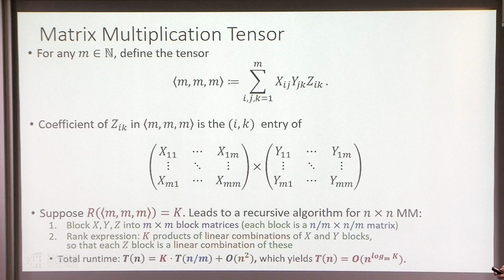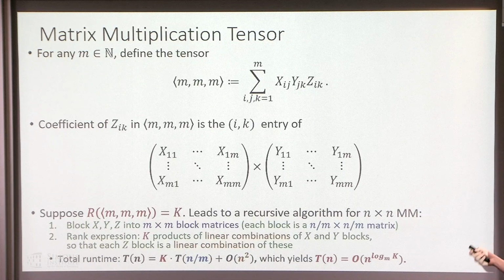Something you've seen before when teaching or learning about Strassen's algorithm is that if we know that the rank of the m by m matrix multiplication tensor is, let's say, k, like for 2 by 2 it's 7, then we can get a recursive algorithm for n by n matrix multiplication just by blocking. You take your n by n matrices and block them into m by m blocks, each of size n over m by n over m.